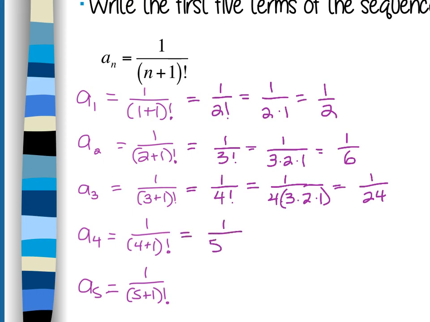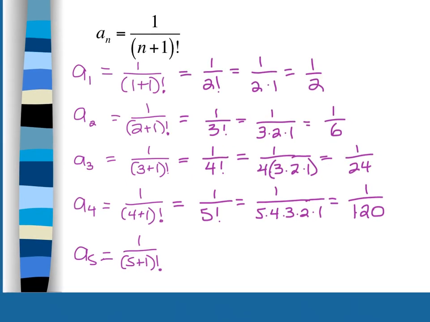1 over 5 factorial, 1 over 5 times 4 times 3 times 2 times 1. We know 4 times 3 times 2 times 1 is 24. 5 times 24 is 120.